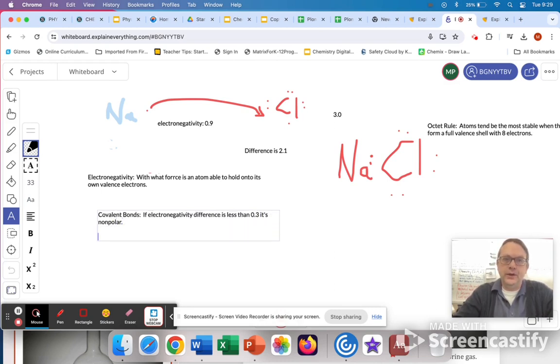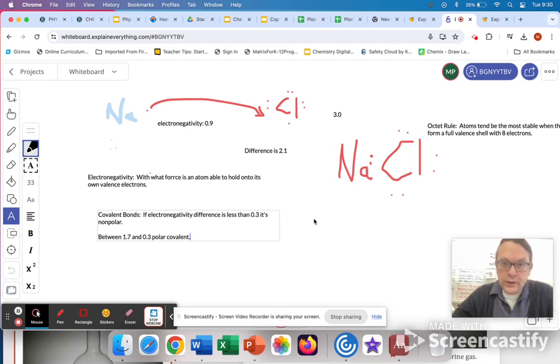And between 1.7 and 0.3 would be polar covalent, meaning there's generally an electrostatic charge towards one side of the atom, or they're sharing these electrons. It's not a complete transfer.